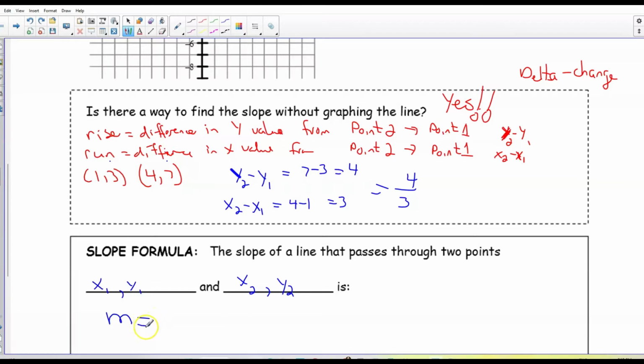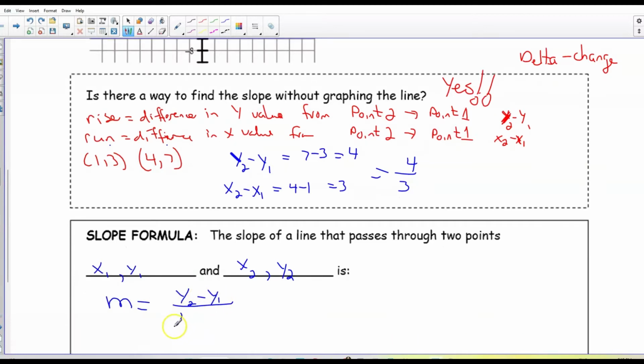Remember that one, that's going to be important. The formula for slope is I'm going to take y2 minus y1 over x2 minus x1.